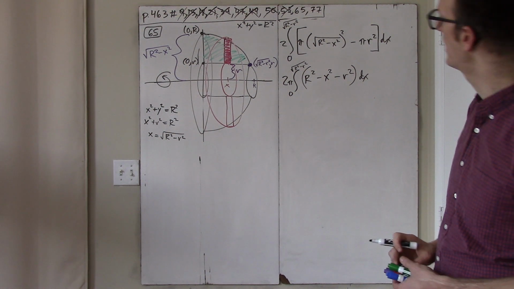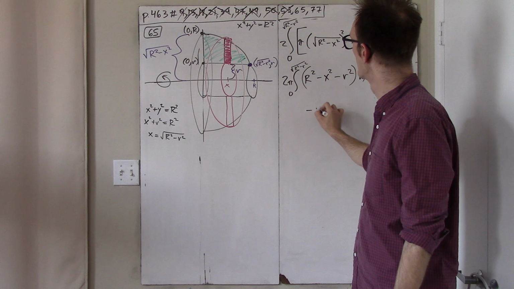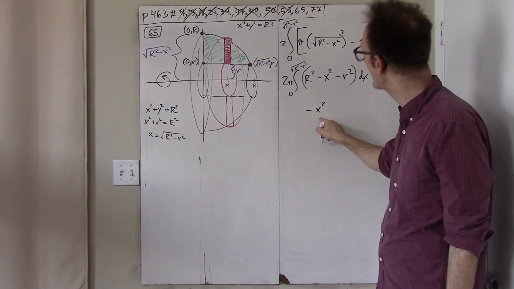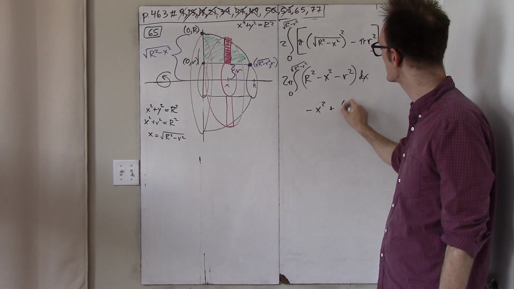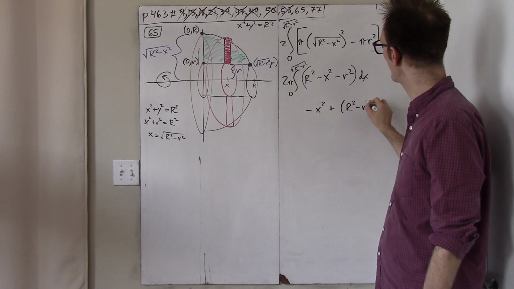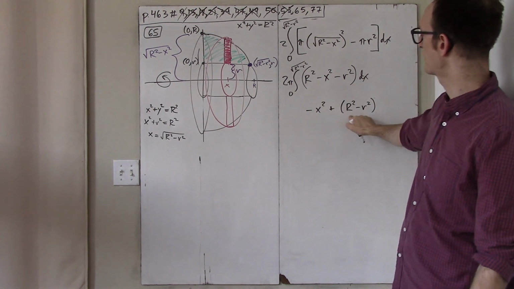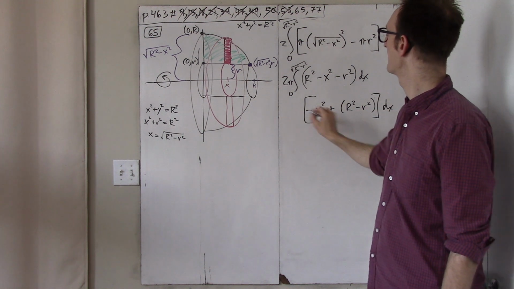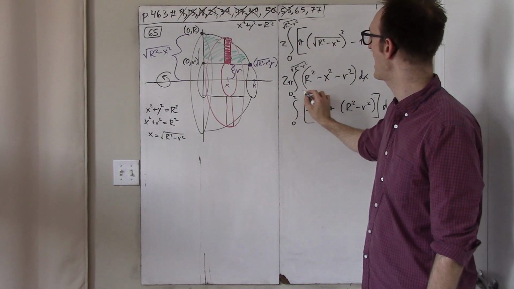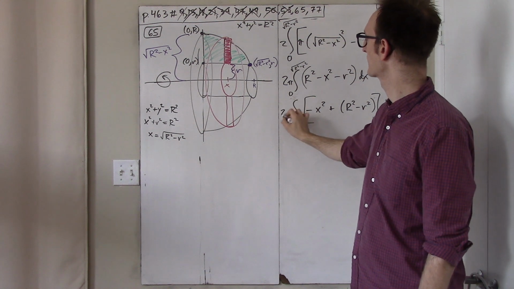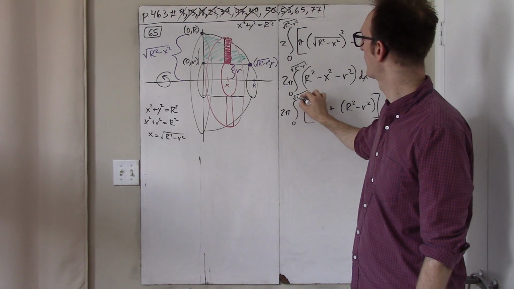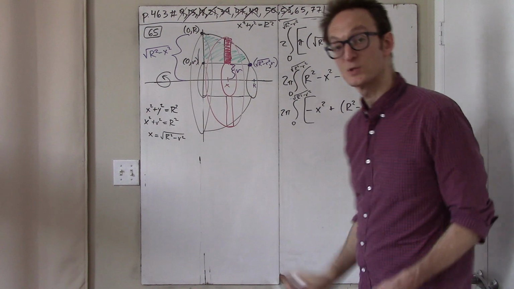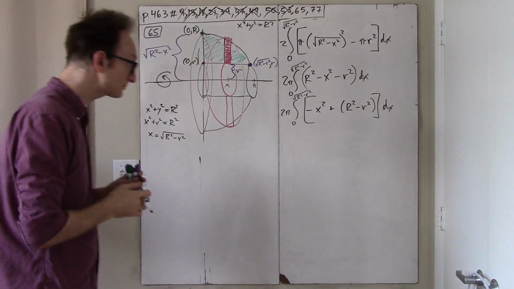Okay, sure, but I think for clarity, we should rewrite this polynomial as negative x squared plus, and I'll put parentheses around this because these are both constants, so that should be thought of as one big constant. And I think it helps to remember how to anti-differentiate properly.